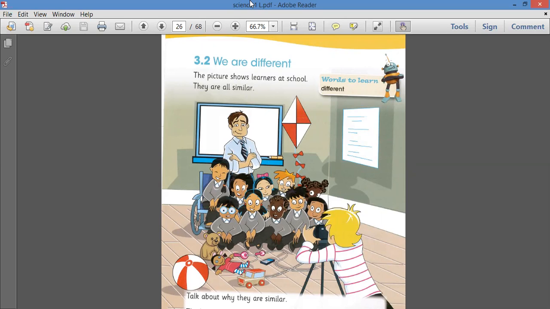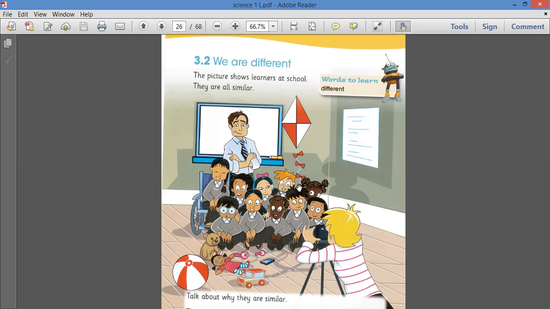The picture shows learners at school. What does this picture show? It shows the students in the school and they are taking a group photo with their teacher. This is their teacher, and these are the students, or you can say these are the learners. They are all similar.